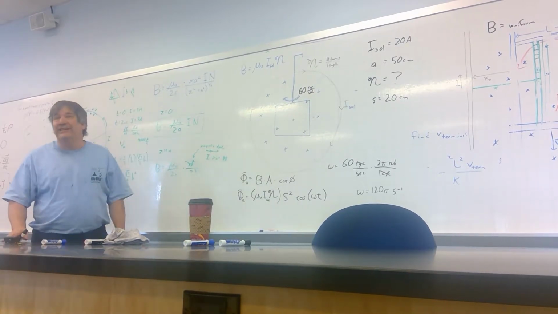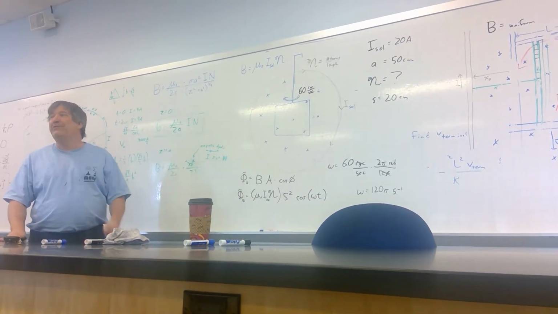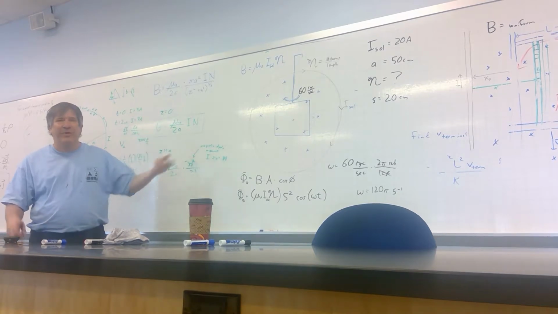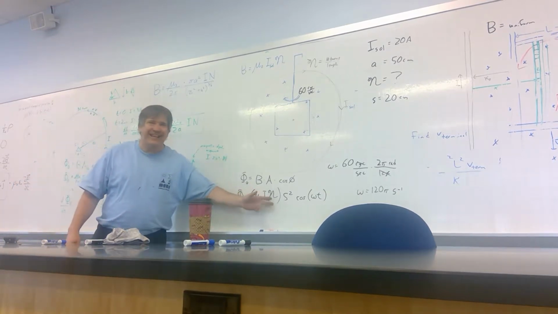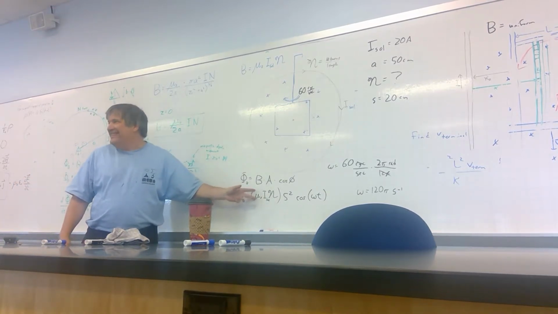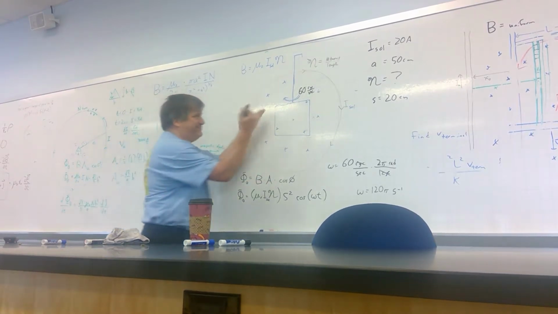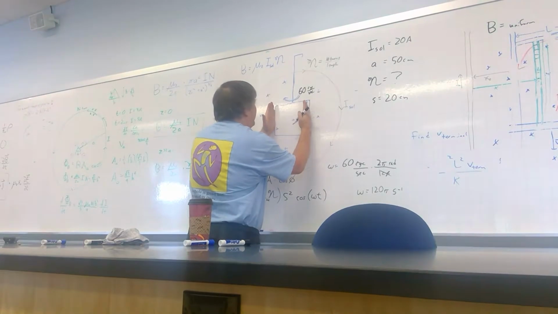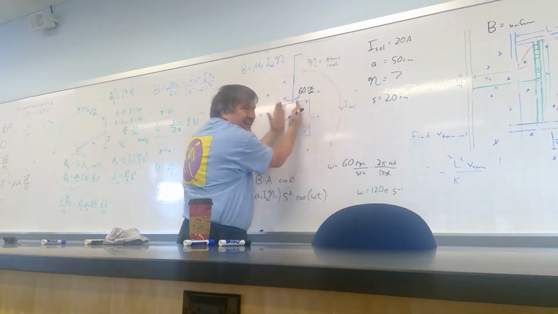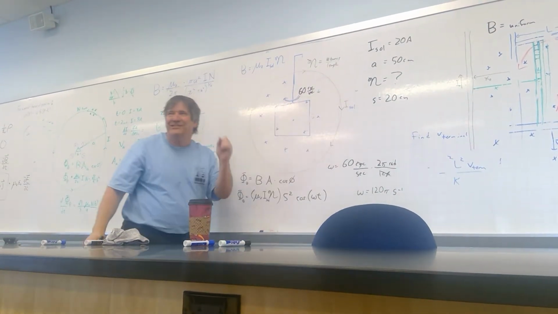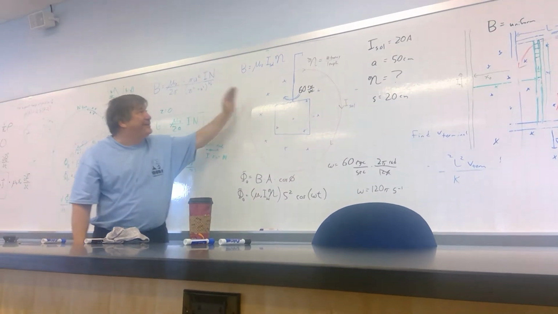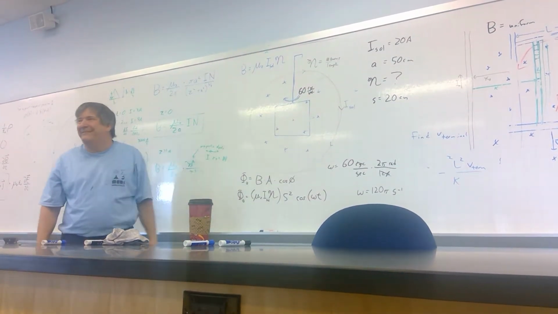Although you could say again, by solving one problem, we've actually taught ourselves how to solve a whole bunch of problems. Any of these things, except for mu naught, could have been changing with time. I could have had that square loop breathing, inhaling and exhaling, and its area was changing with time. I could have had the current in the solenoid changing with time.